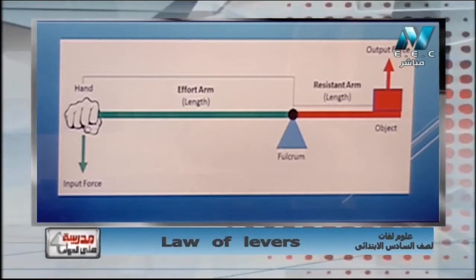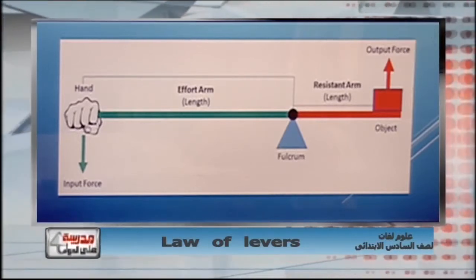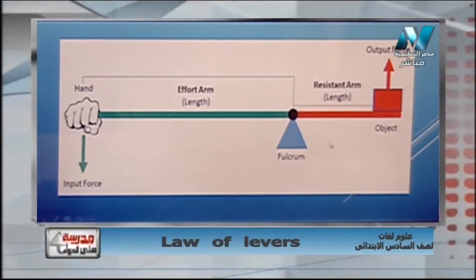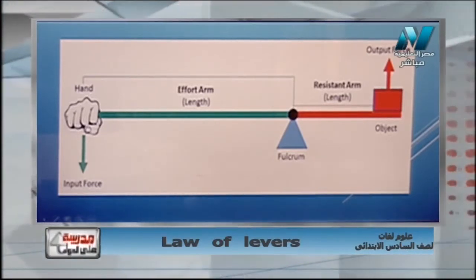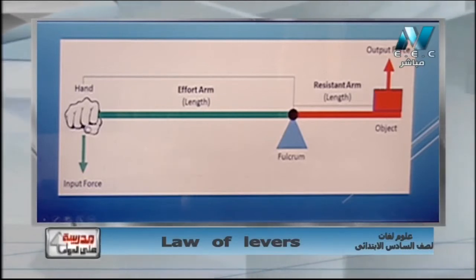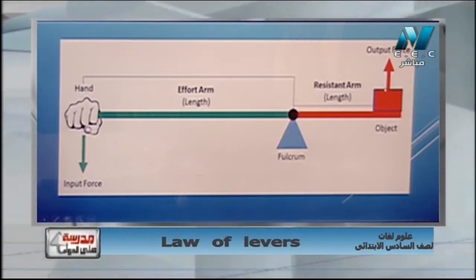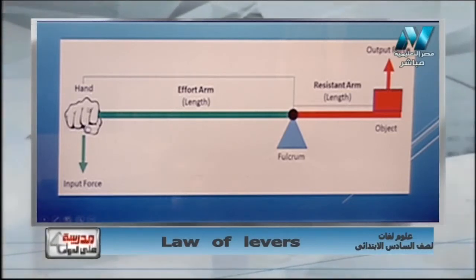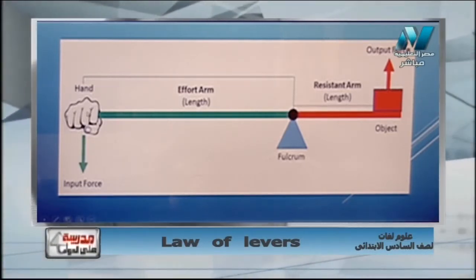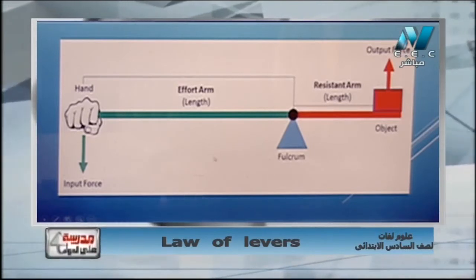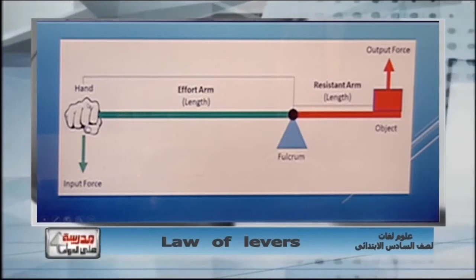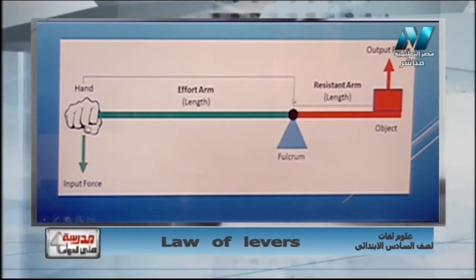Why? Because the fulcrum is between the effort force and the resistance. This is the fulcrum, this in red color is the resistance, and this hand represents the effort force. So it is a first class lever. There is a distance between the effort force and the fulcrum.